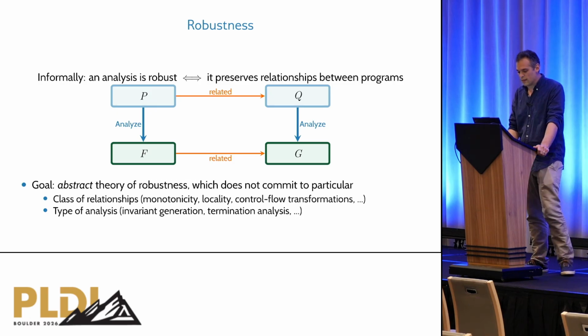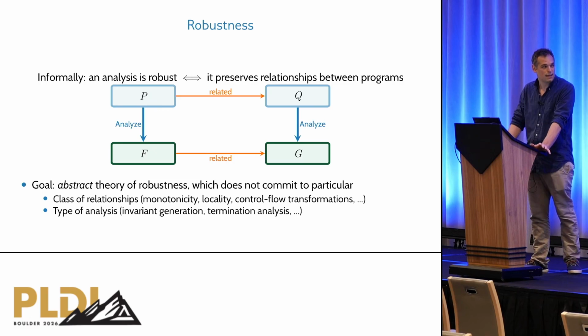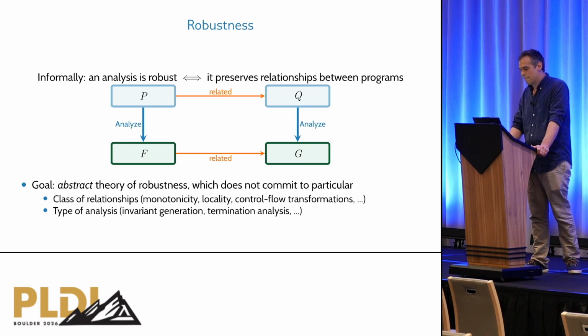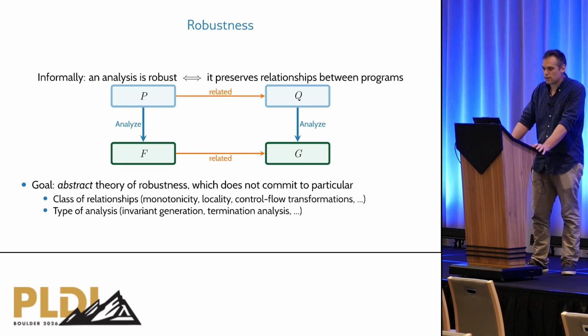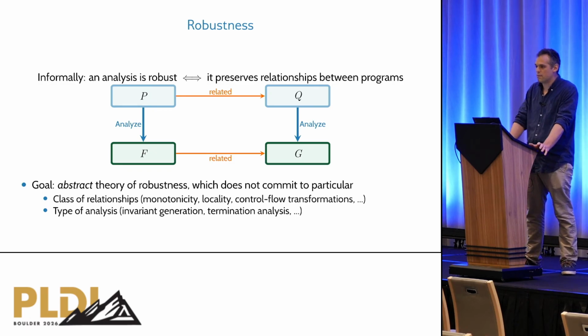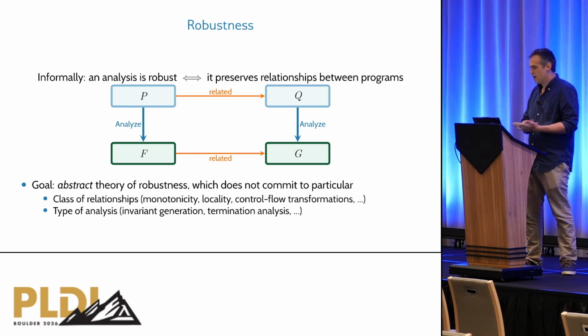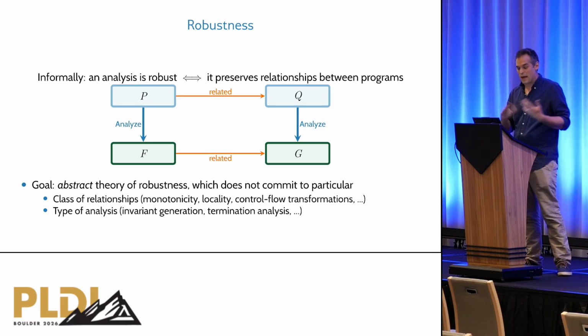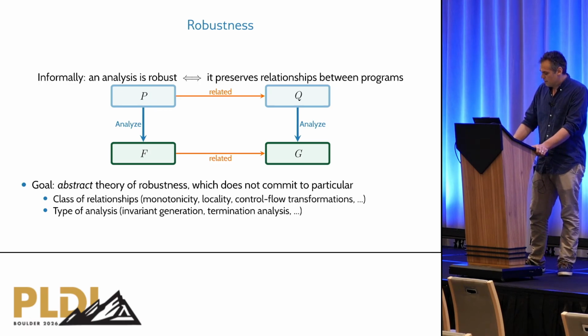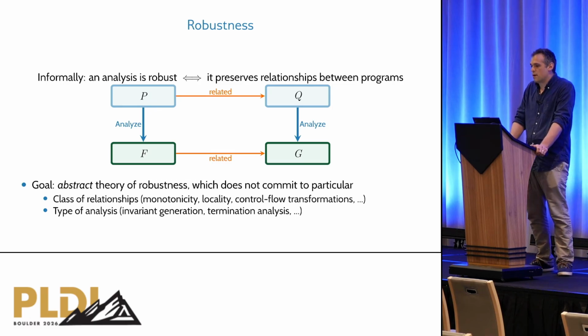And our goal is to develop sort of an abstract theory of robustness that doesn't commit to a particular class of relationships or a type of analysis, but allows us to talk about robustness in a more abstract setting. So you can think of this as trying to do for robustness what the theory of abstract interpretation does for soundness. So just a general mathematical language for talking about these things in the abstract.